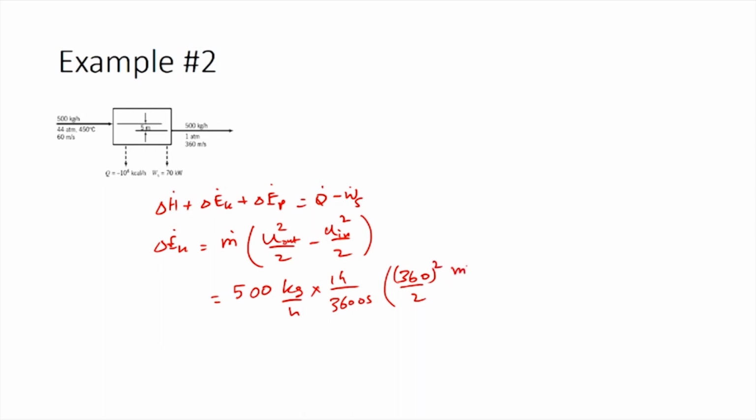The units would be meter squared per second squared for both. So, this would be 60 squared divided by 2 in the units of meter squared per second squared. Performing these calculations, we can get ΔEk dot as 8.75 kilowatts, which is kilojoules per second, which I have represented as kilowatts.